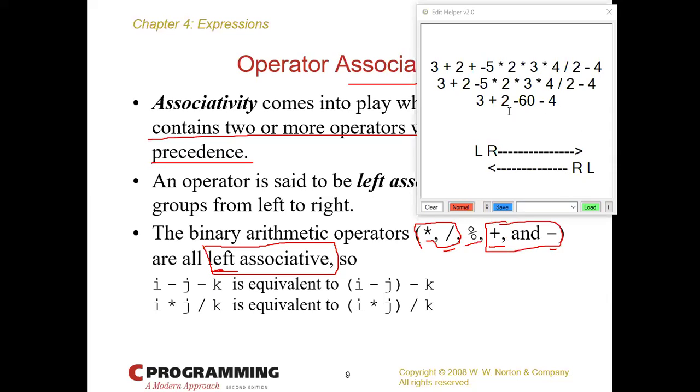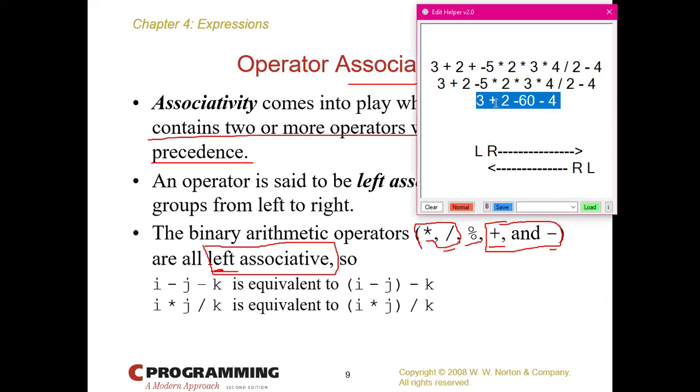We start from here. 3 plus 2 is 5. Minus 60, that is minus 55. Minus 4 is minus 59. So we stop at minus 59 as the result of our expression.